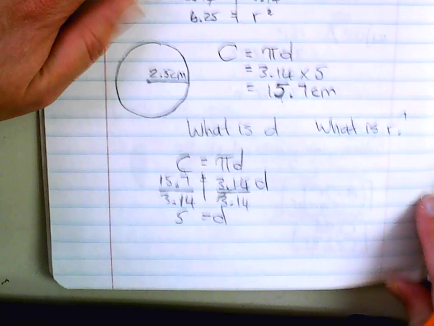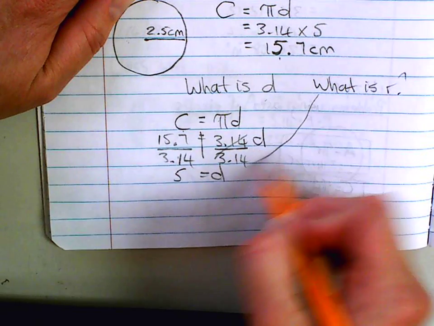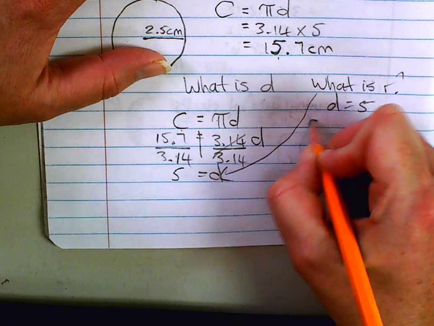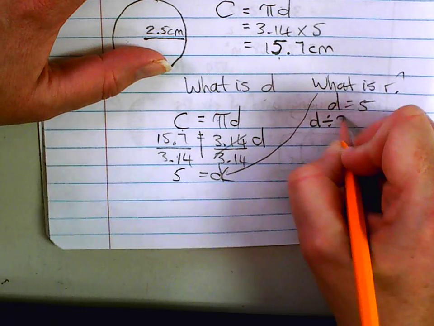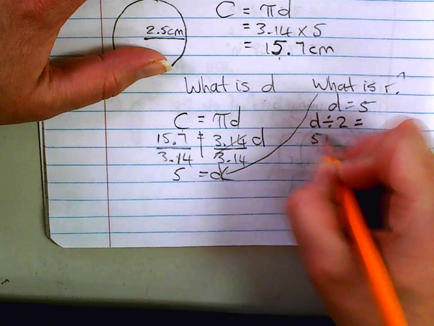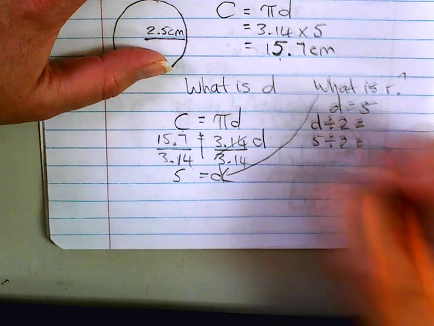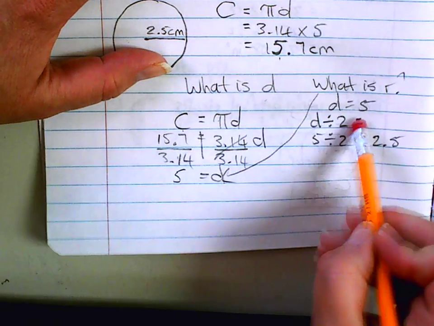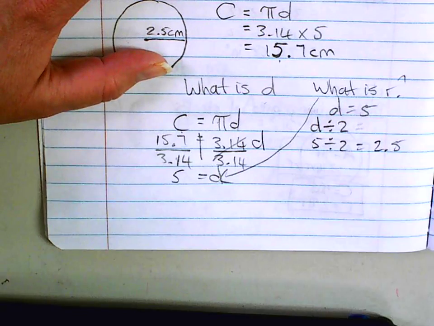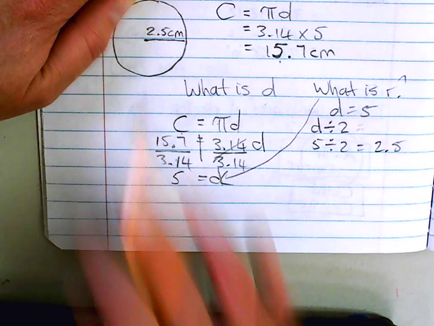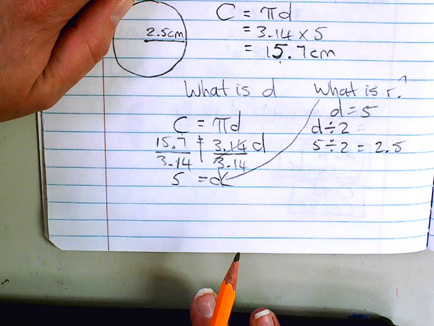Of course, because if I know that the diameter is 5, then I take the diameter and divide it by 2, and it will give me my radius. So 5 divided by 2 would be 2.5. Can they ask me for the radius? Sure. Can they ask me for the diameter? Sure. That's when we work with circumference.